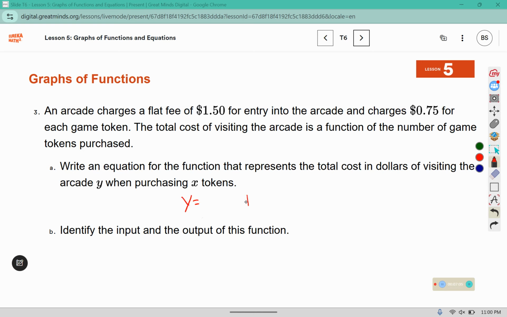So the flat fee and the cost per token make up the total cost. Identify the input and output of this function. The number of tokens is our input. And the output would be the cost in dollars.